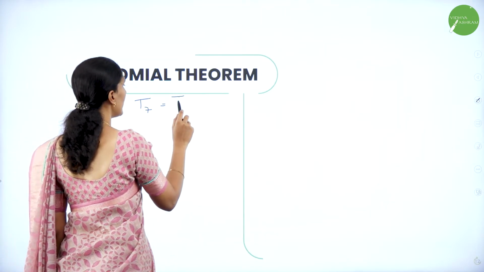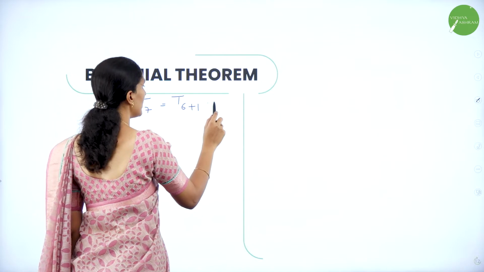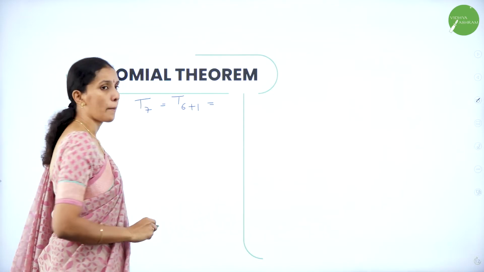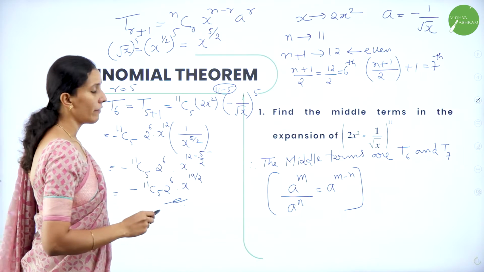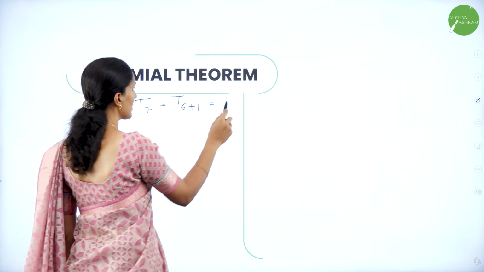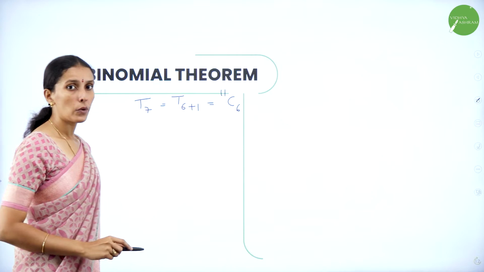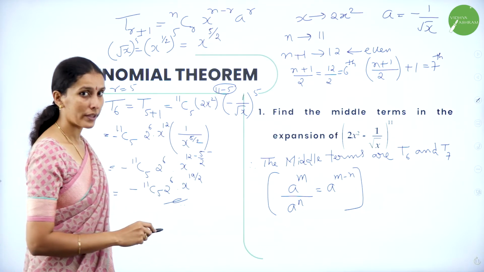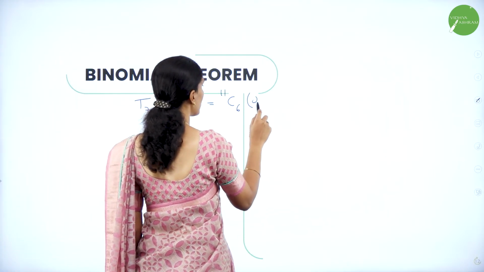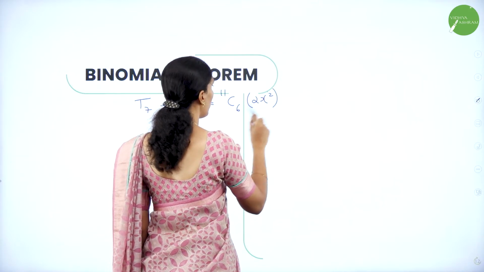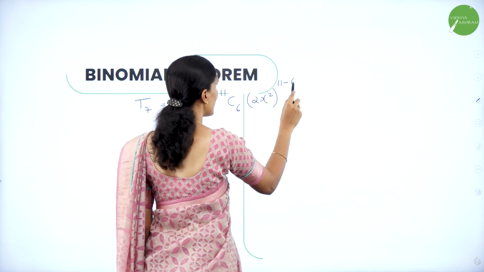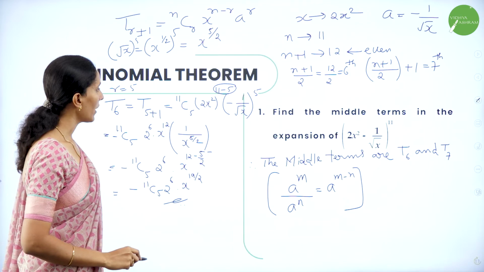T7, T6 plus 1 is equal to, so what is my n? So n is 11, r is 6 in this case. So 11C6. What about x? Value of x is 2x square again. So 2x square whole power 11 minus 6. What is the value of a?